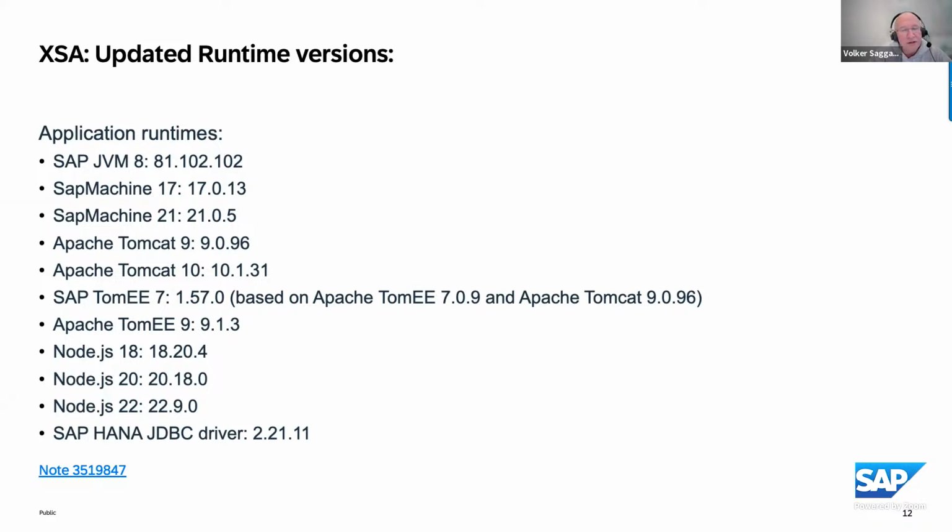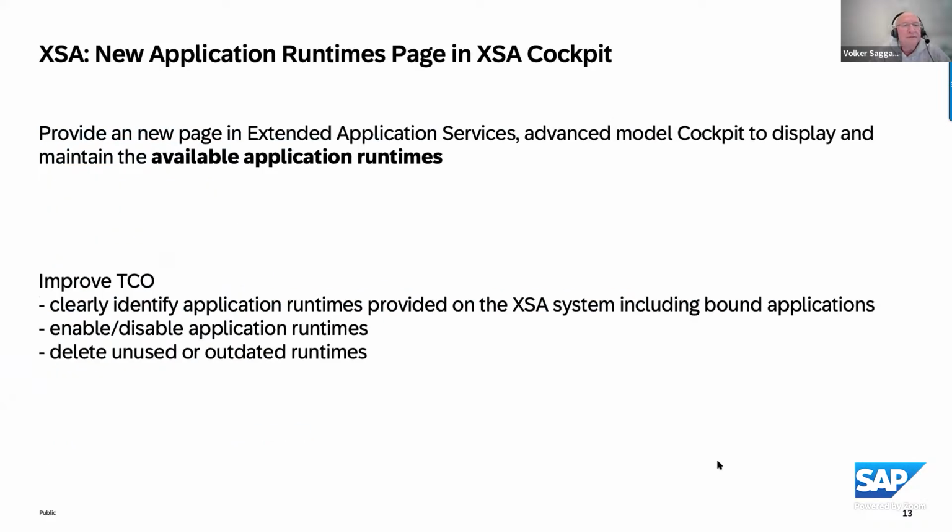TomEE versions, that's all upgraded. And we keep you also upgraded with the JDBC drivers we have inside the package. We have a runtime page in the XSA Cockpit. I will show you in a moment. So you will see what runtimes are currently used.